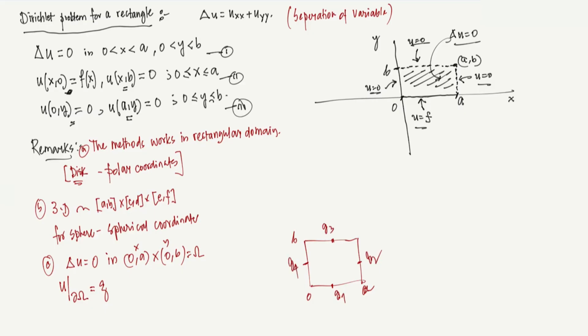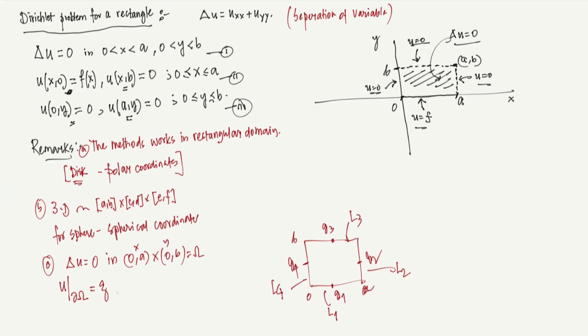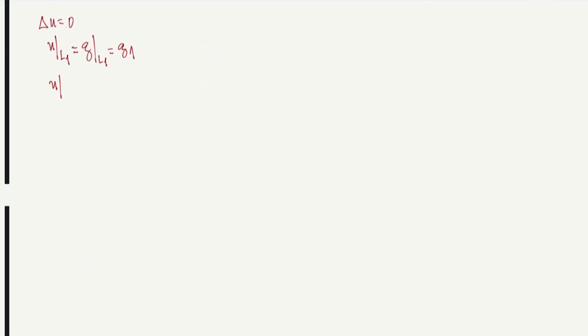Clear? Now let's solve this problem. So let's say this line is your L1, this line is L2, this is L3, and this is L4. Clear? So your equation will look like this. Laplacian u equals 0, and u restricted to L1, the boundary condition I am restricting, is g restricted to L1, and let's just call that g1.